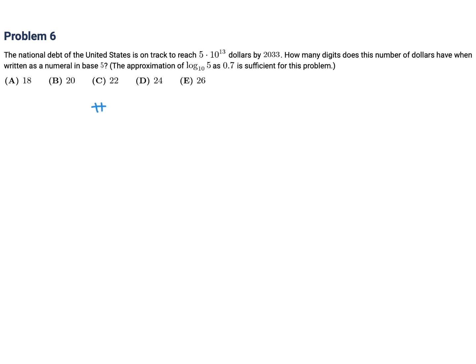Now, the number of digits of a number n, let's say, in base b can be approximated by the following. You take the log of n to the base b, and in particular, you're taking the greatest integer that's less than or equal to it, and then you add 1.